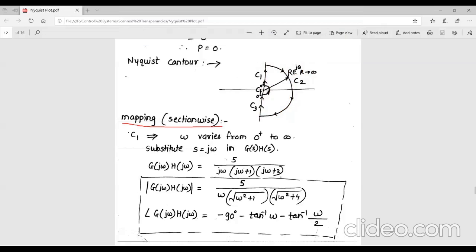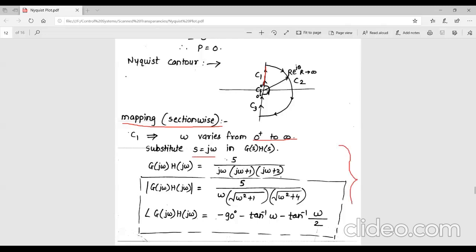Nyquist plot basically is nothing but a polar plot. So the method of sketching the Nyquist plot section wise remains the same as we do for a polar plot. So suppose initially we consider the section to be C1, for which we will be calculating the magnitude as well as the angle. Section C1 would be 0 plus to infinity, right? So this is the section, a straight line. Now for this section, the magnitude calculation is by substituting s is equal to j omega.